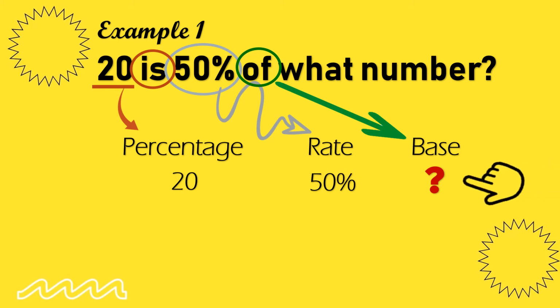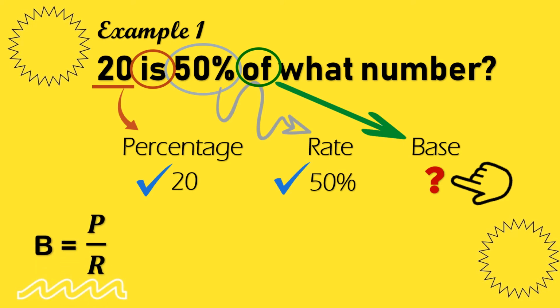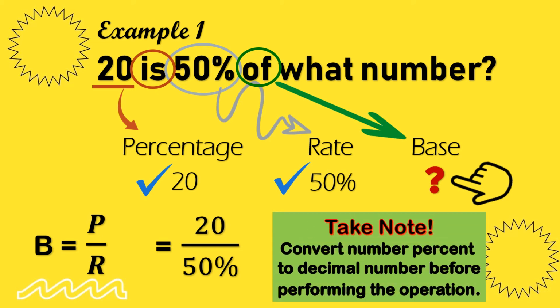Now let us apply the formula. Since the base is missing and the percentage and the rate are given, we can use the formula B equals P divided by R. So we have 20 divided by 50%. But before we proceed, always take note.